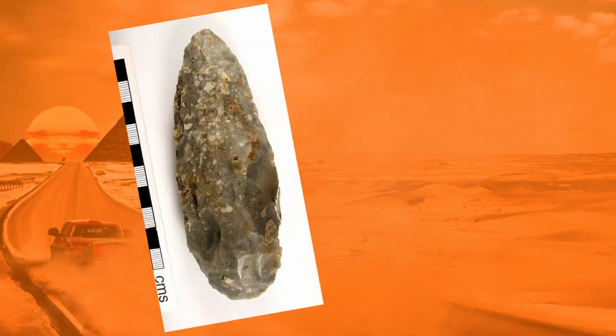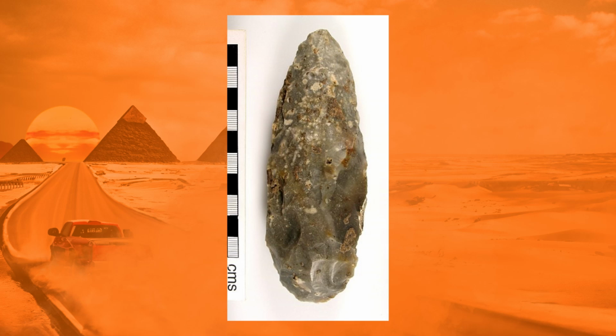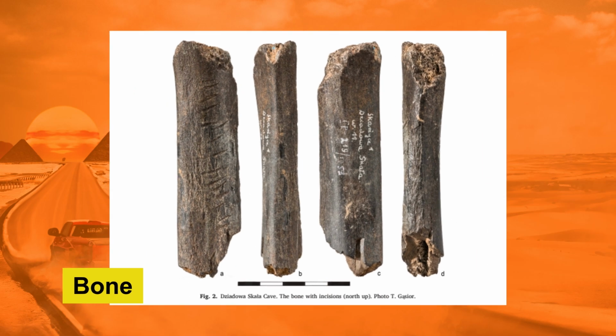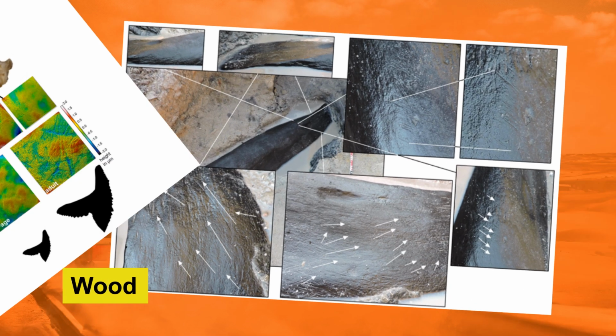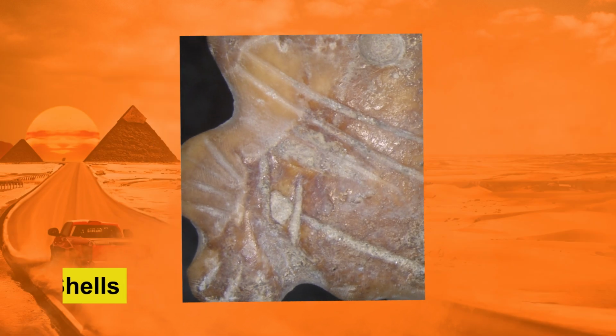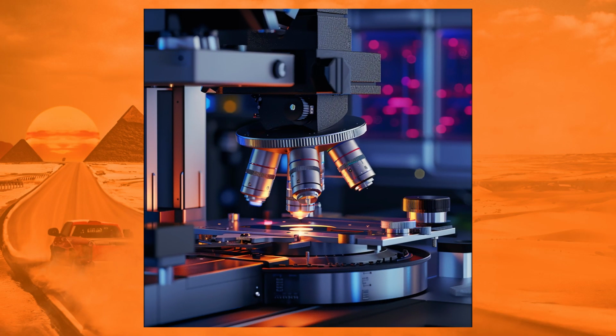And of course, this is most commonly relevant to stone tools, but we can apply this to loads of other stuff, like bone, as in that bear bone story from Poland, or wood, or teeth, or shells, seashells, or even textiles. Now, of course, this requires powerful microscopes, so this kind of analysis was not really a thing until the middle of the 20th century.